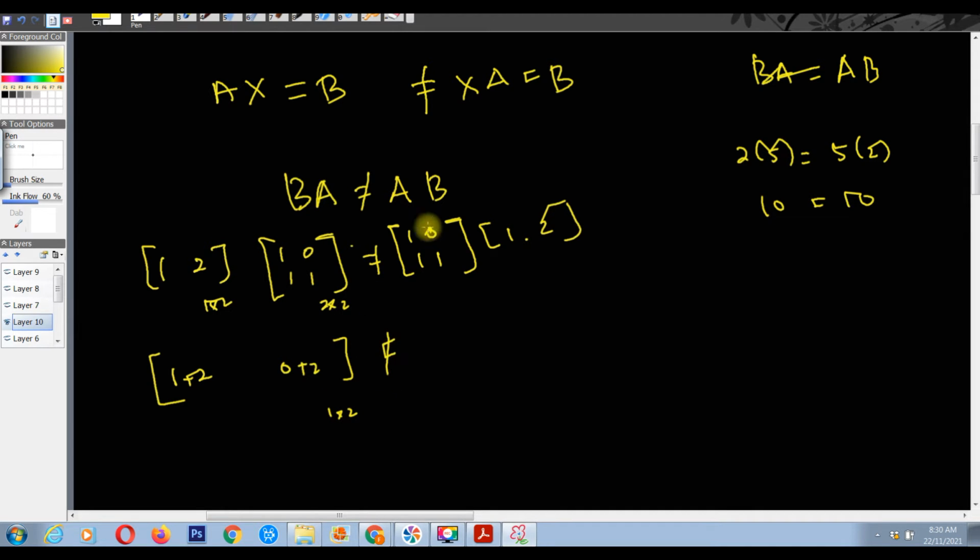For the other order, what will you have? First row, first column is 1. We cannot compute this because there is no partner for 0.